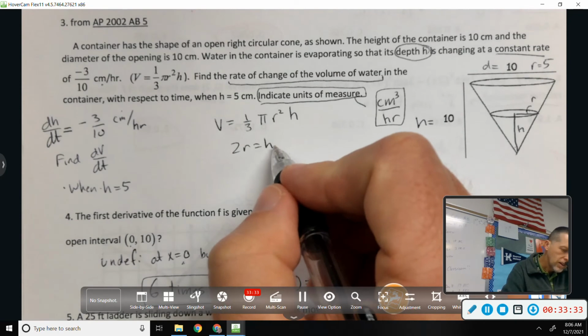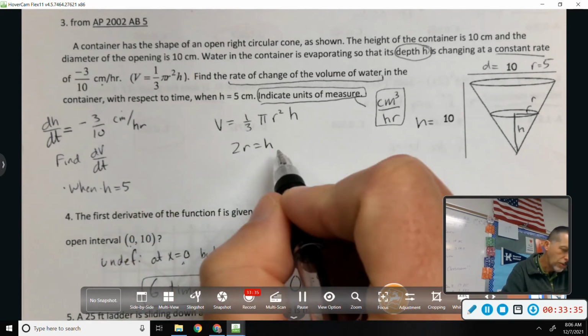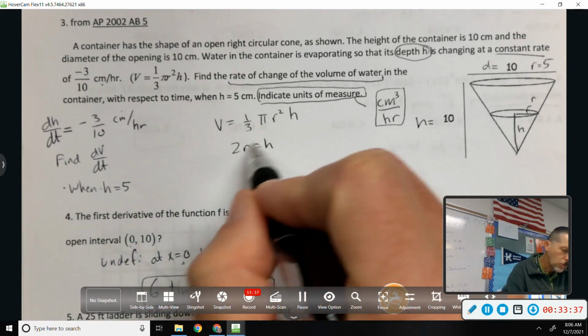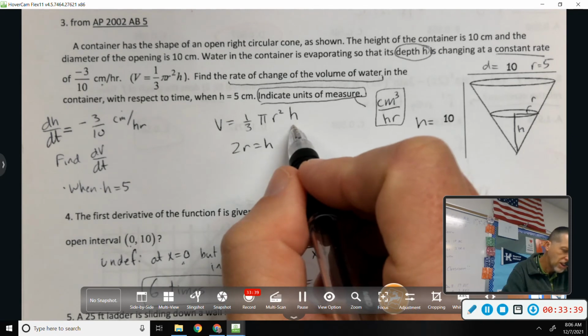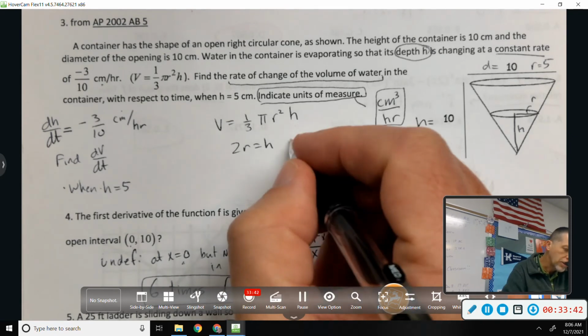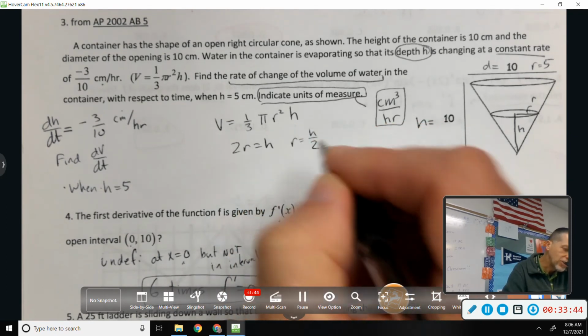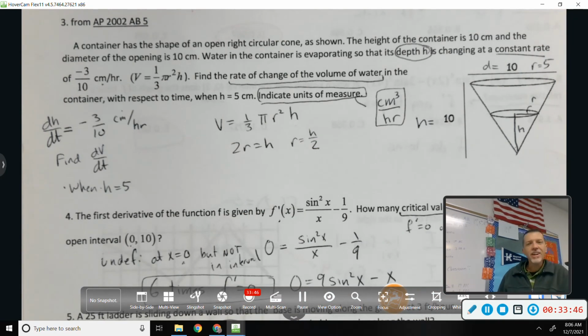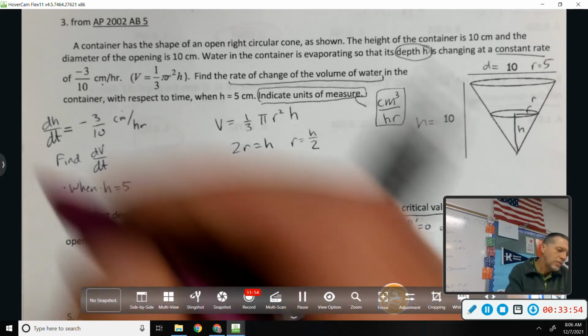Okay, so do I want to plug in 2R for H? Or do I want to plug in H over 2 for R? Which one would you rather do? But use this to make your decision.